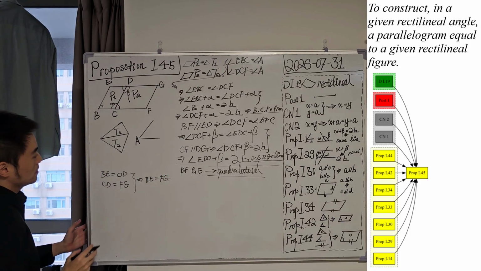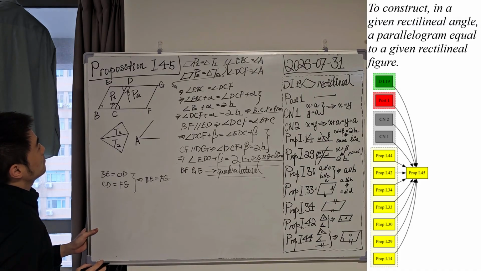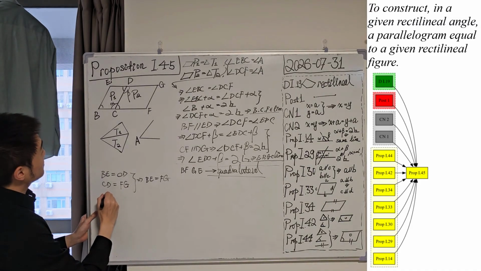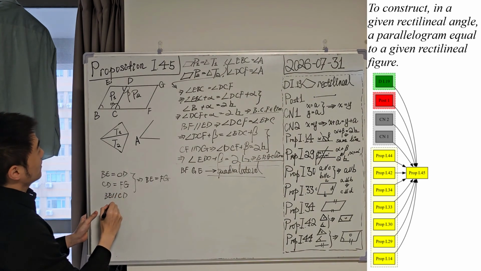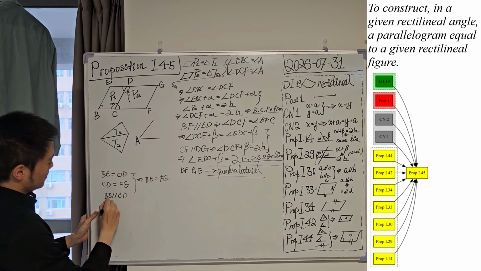And besides, we know that BE is parallel to CD, and CD is parallel to FG, correct?